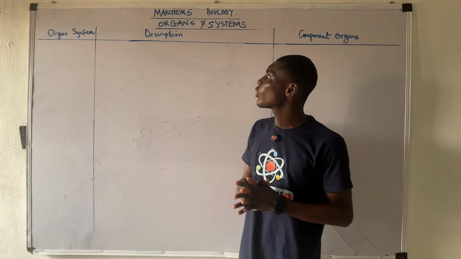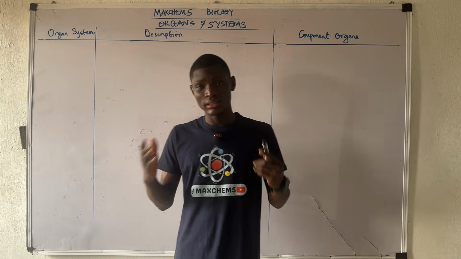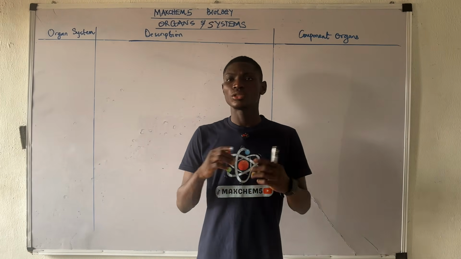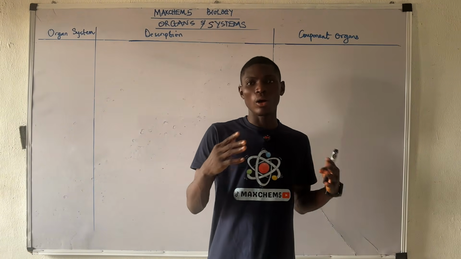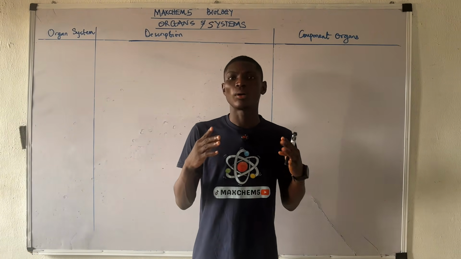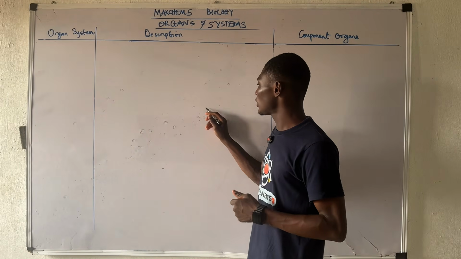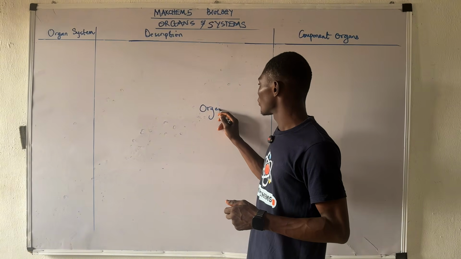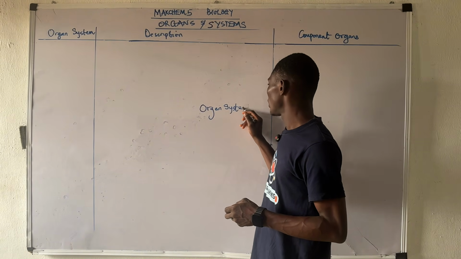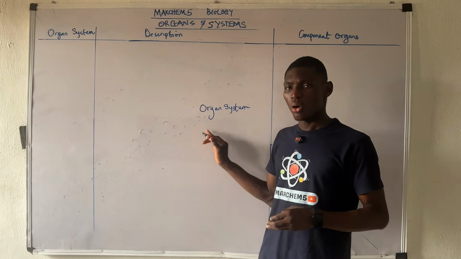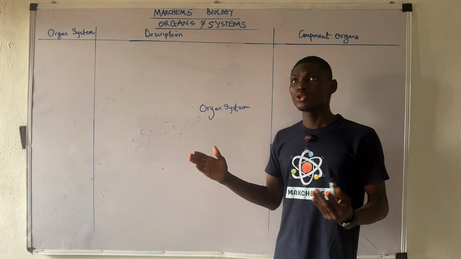Now, having explained the organs, let's move to the organ system. The organ system is the combination of biological systems that consist of organs working together to perform one or more bodily functions. I mentioned it as an organ system because not all systems in the human body comprise organs. The organ systems in the human body are 11.